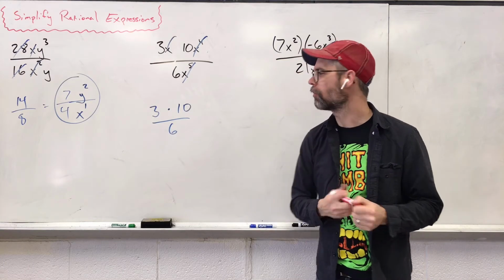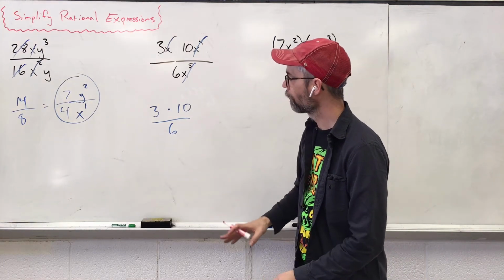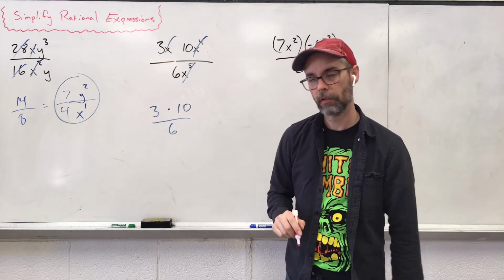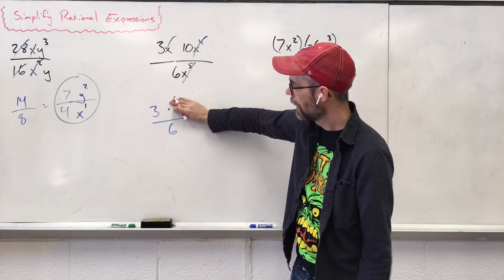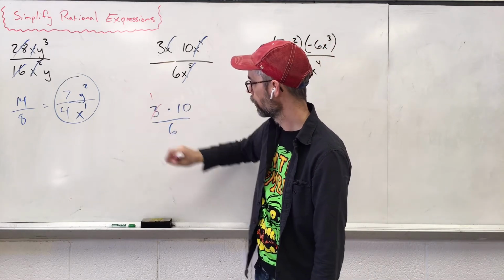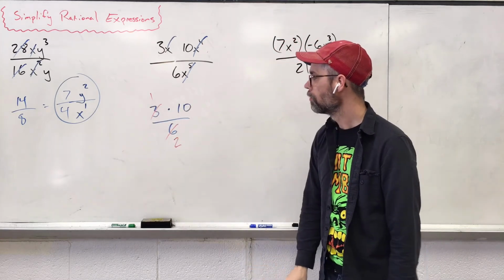But I don't want to. Instead, I'm going to simplify some things. I'm only going to look at the fraction 3 over 6. So let's ignore that 10. That's the fraction 1/2. Couldn't I divide this 3 by 3, get a 1, divide that 6 by 3, and I get 2? Yeah.